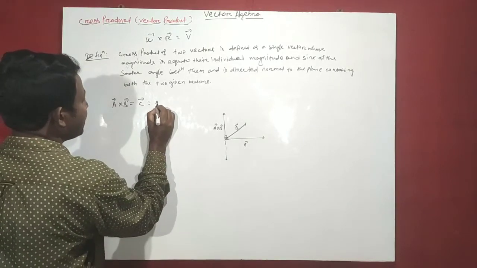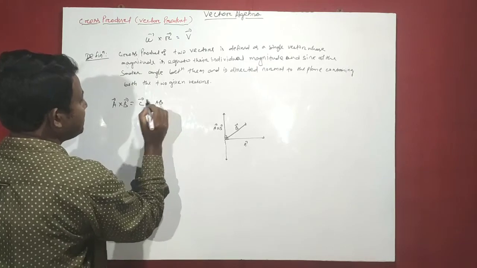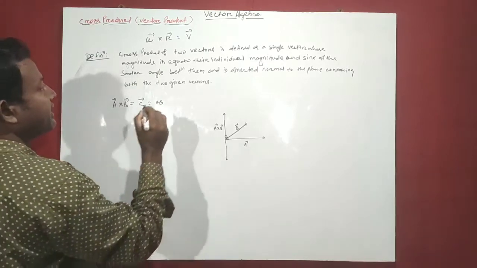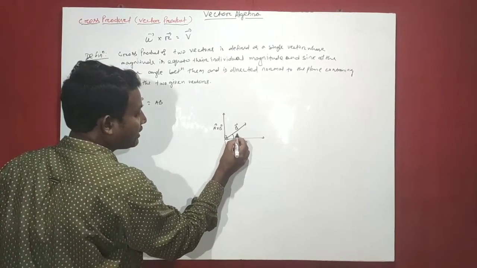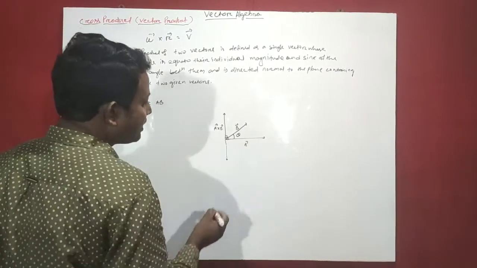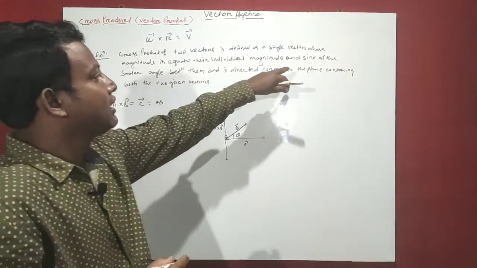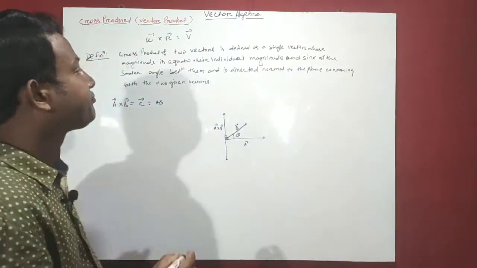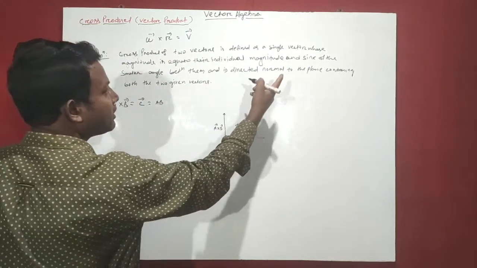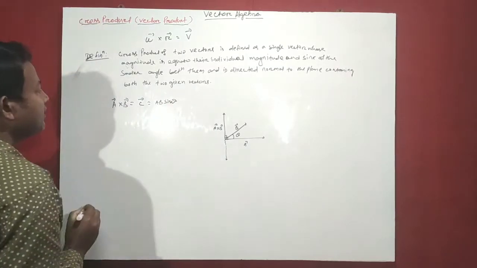The magnitude of A vector is A, and of B vector is B, and the sine of the smaller angle, let this be theta, because it is the smaller angle between A and B. So according to the definition, we have to take the smaller angle between two vectors, sine theta.